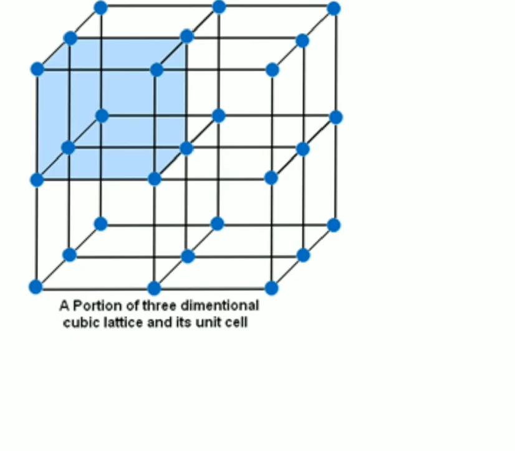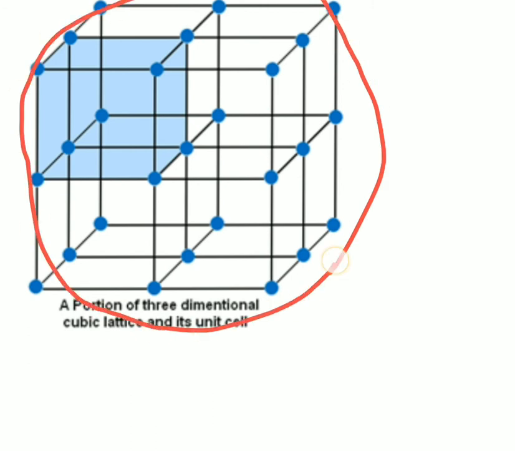See in this figure, these points represent a lattice, and repetition of these points in all directions, in 3D, generates a crystal. These points represent the constituent atoms only.